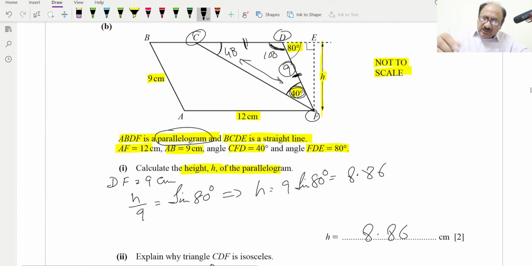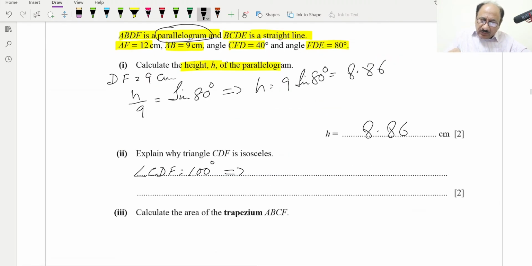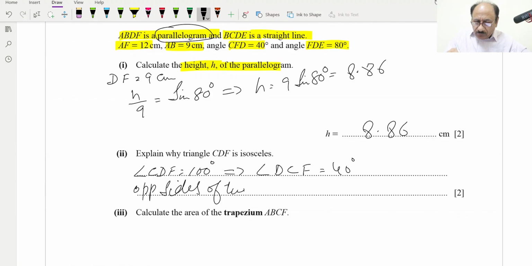This angle CDF is 100 degrees, which implies angle DCF is equal to 40 degrees, and opposite sides of equal angles will be equal. So it will be an isosceles triangle.